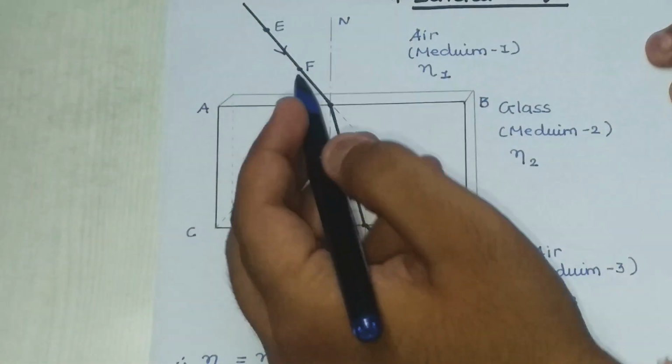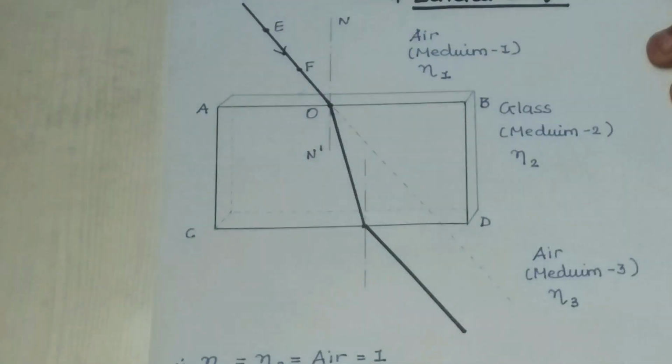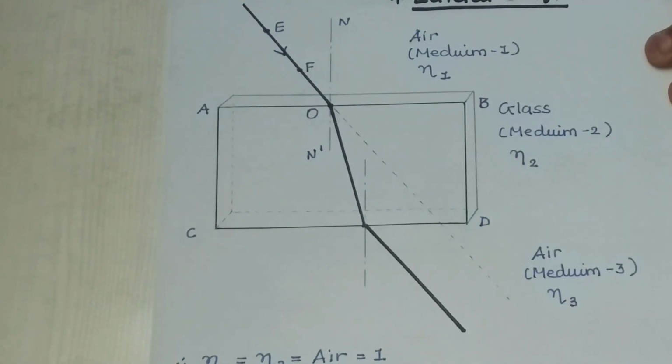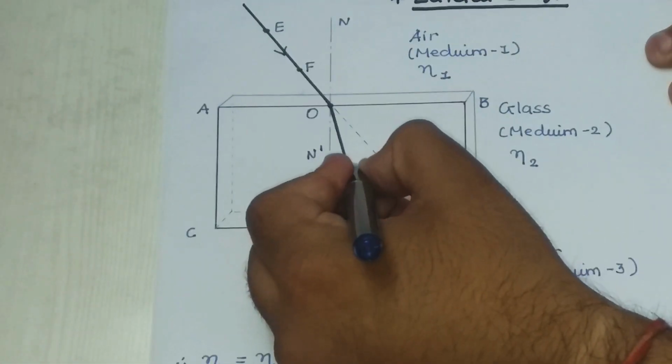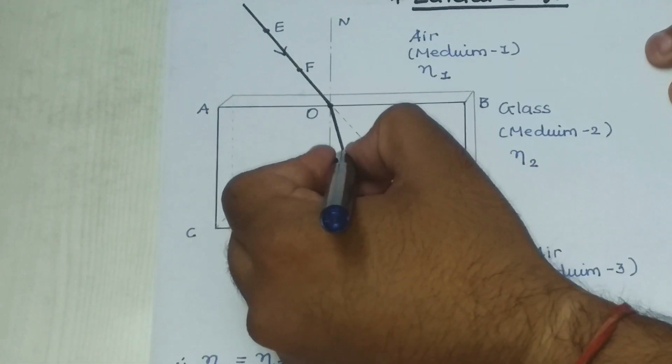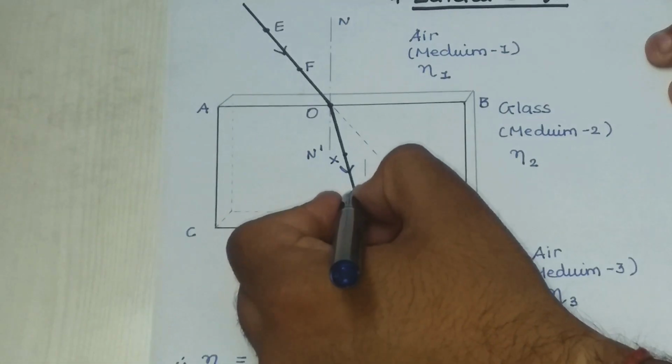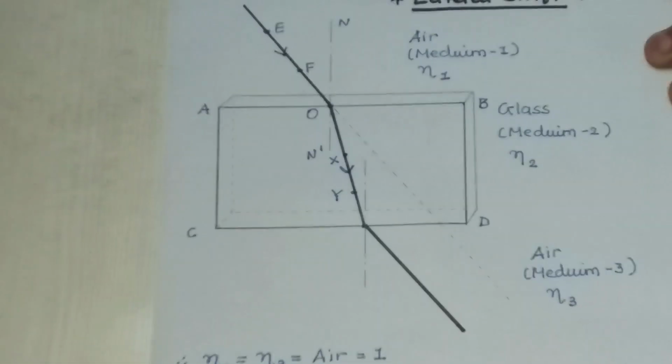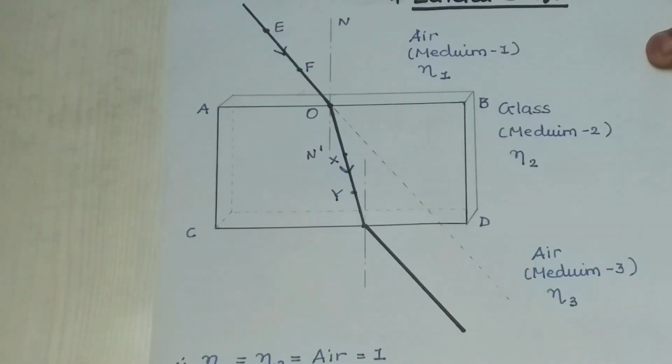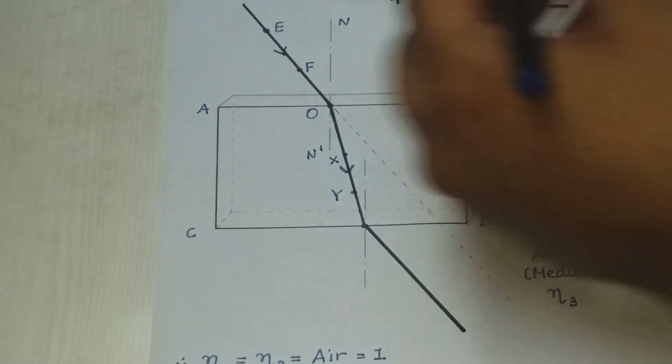When this incident ray comes from air to glass, it is refracted. Let us take the names X and Y, so XY is the refracted ray.